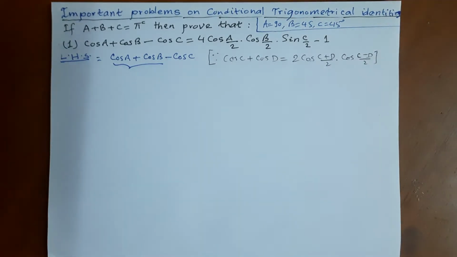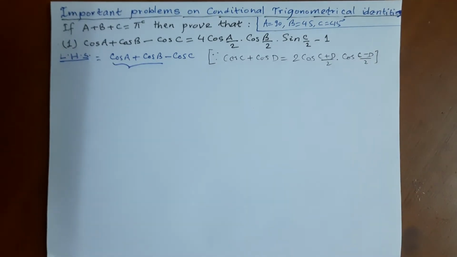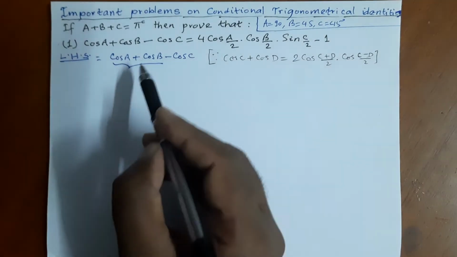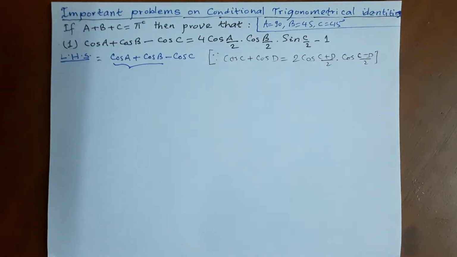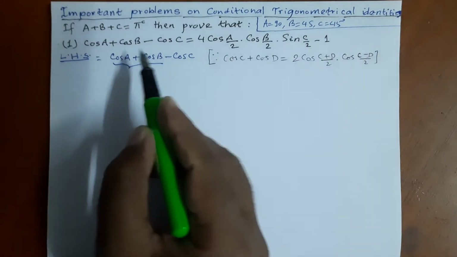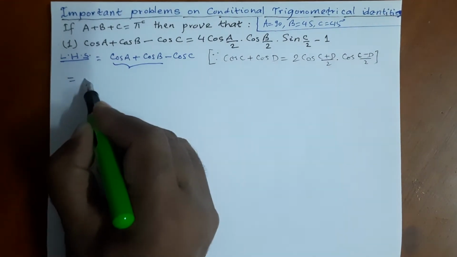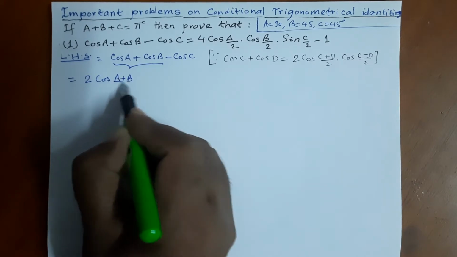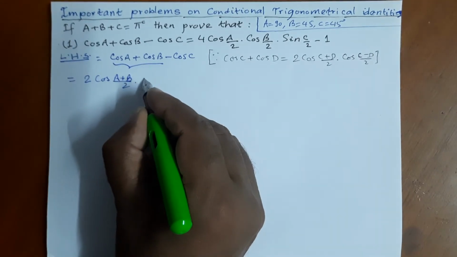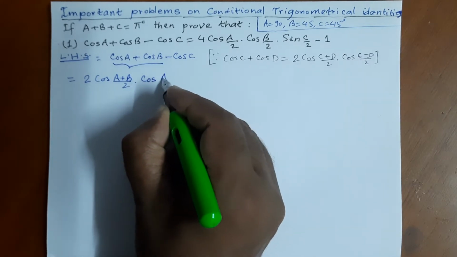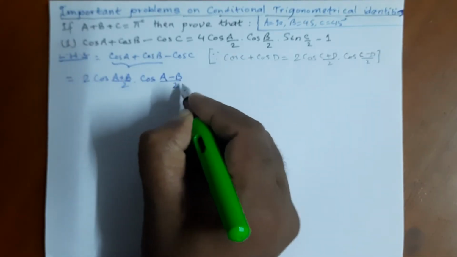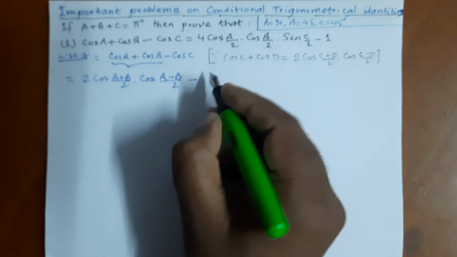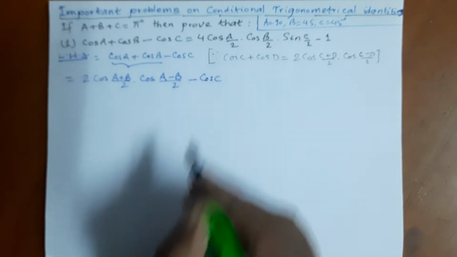So in place of C we have A, in place of D we have B. So we can write cos A plus cos B equals 2 cos of (A plus B) over 2 times cos of (A minus B) over 2, minus cos C.